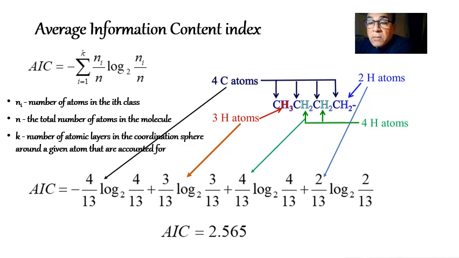When we apply this information for carbons, 4 atoms divided by the total number of atoms in the molecule, log to the base 2, the same, 4 divided by 13. It can be done for the rest of the categories. It gives us numbers. Any chain, group, side chain, or atoms can be transformed into numbers.